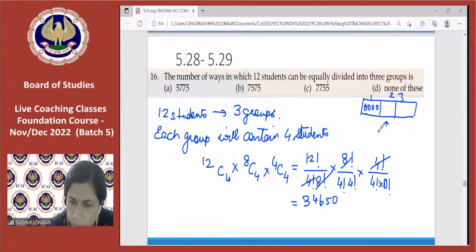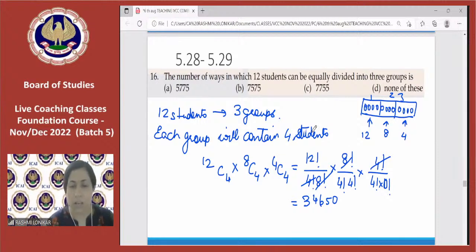For this group, I had 12 students and then I put in 4 students. For this group, I had 8 students and then I put 4 students in that group. Well, how many students will remain? 4 students, and all these 4 students will go here. Okay. So this is the way in which you will put students in the group. But very important. Okay. Now let me put this.